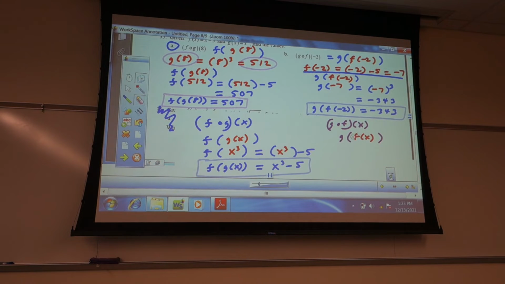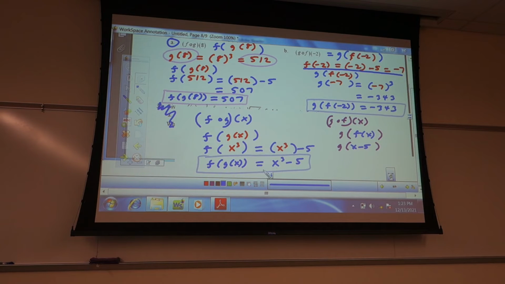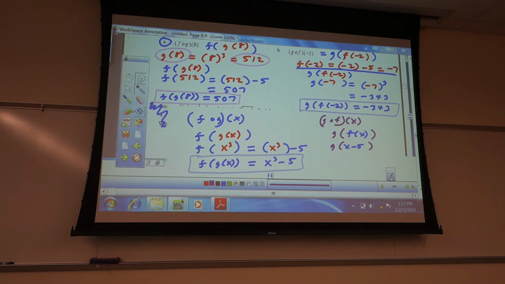So this becomes g of x minus 5. So that becomes whatever this is to the third power.